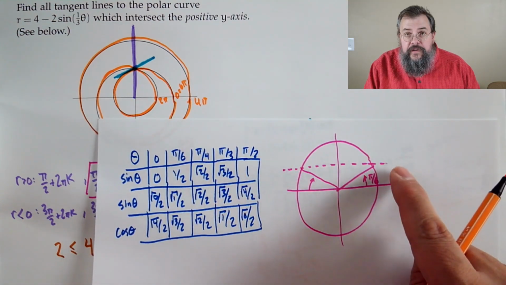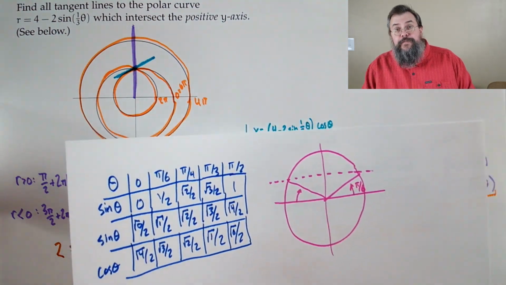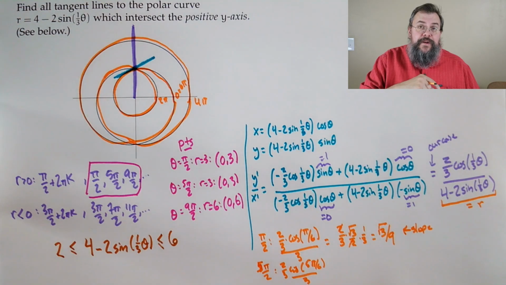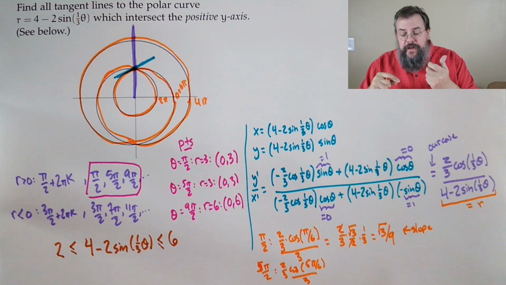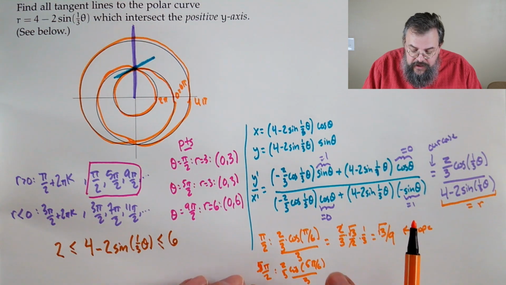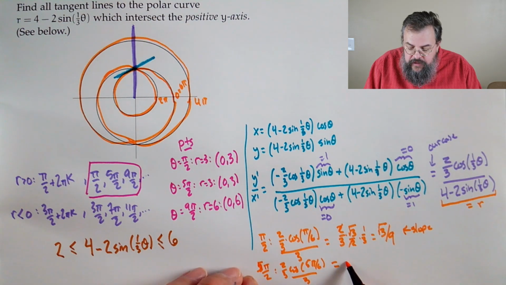The y values are the same. The x values have opposite sign, which means that when we talk about the cosine of pi over 6 versus the cosine of 5 pi over 6, they're negatives of one another. So the only difference between these two is a minus sign. So we get a minus root 3 over 9, and that's our slope.